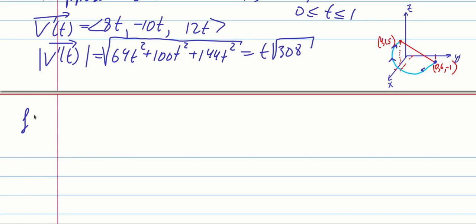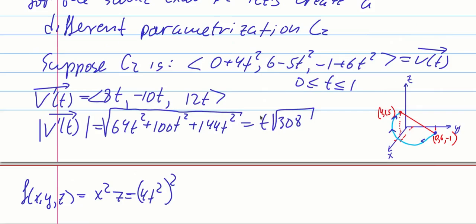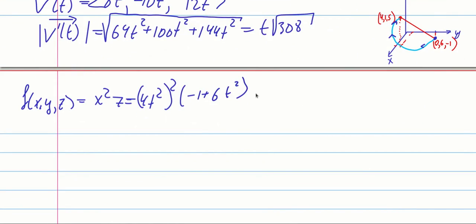Next thing to do is to rewrite our f of x, y, and z, which was given by x squared z. So for x squared we put the new x, which is 4t squared, squared. And then for z we put minus 1 plus 6t squared. So if we multiply it out, we're going to get negative 16t to the 4 plus 96t to the 6.